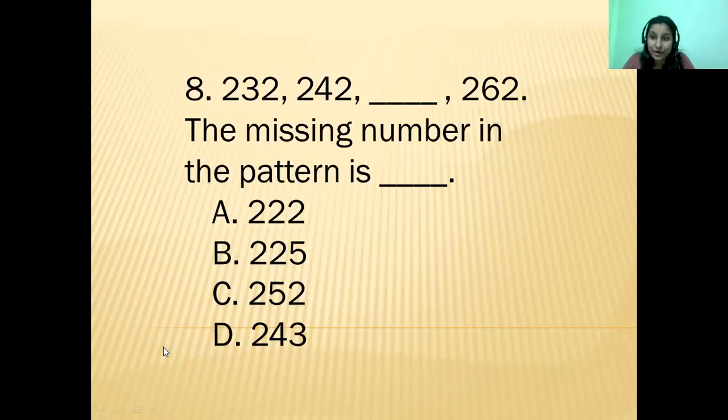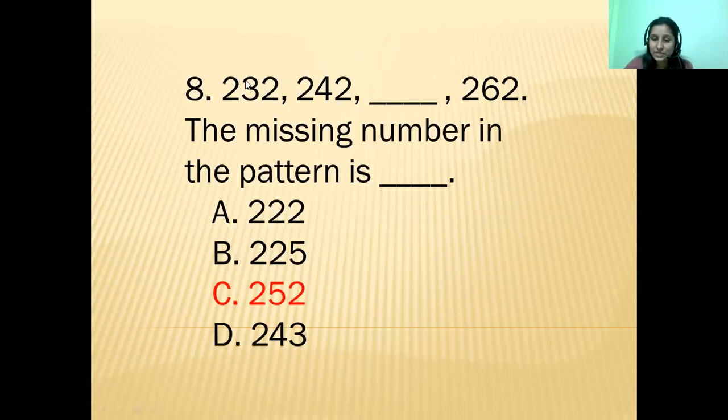Okay, hope you have written the answer. Now we are going to check it, and the correct answer is C, 252. Why? Because, my dear kids, 232, 242, what is the difference between these numbers?